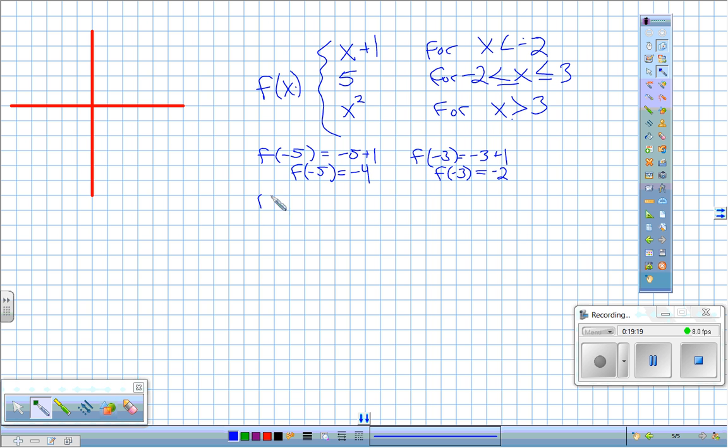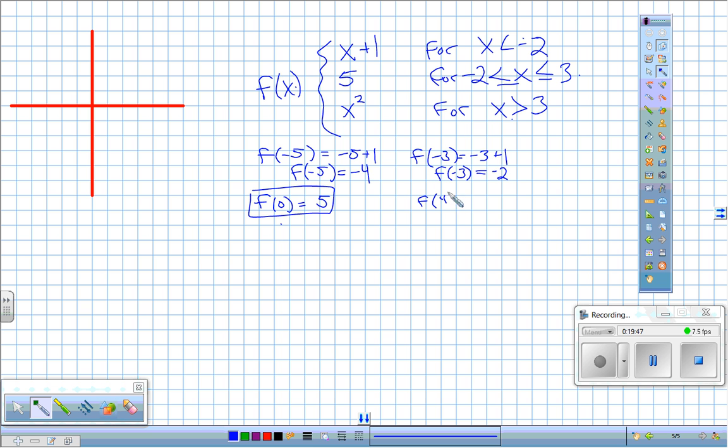And the next thing they give me is f of 0. Where is 0 at in these three equations? 0 would fit in here to make a true statement. So that would work here. So I will plug 0 in to this equation. Since there is no x's to actually plug it in at, f of 0 equals 5.